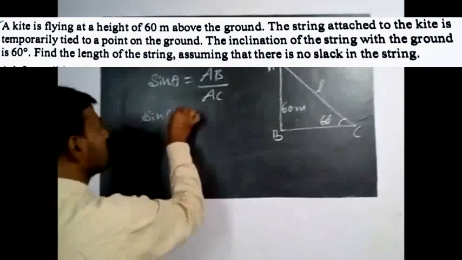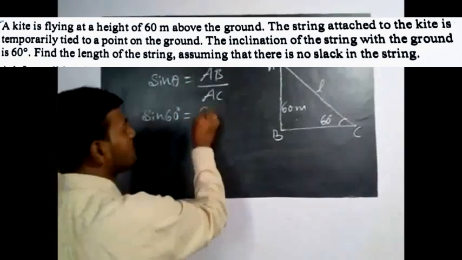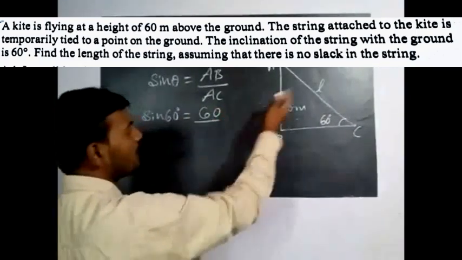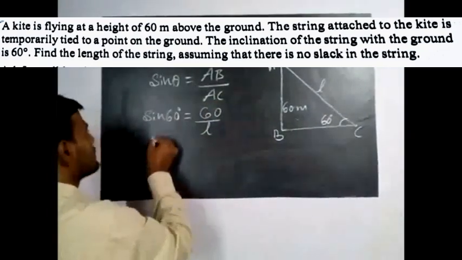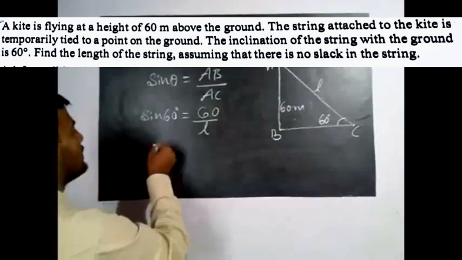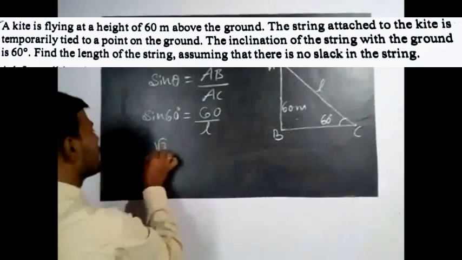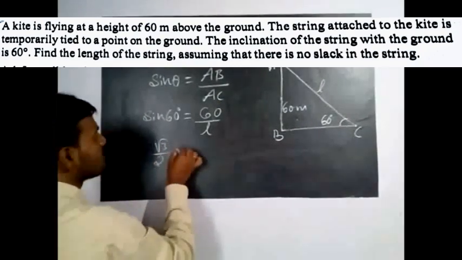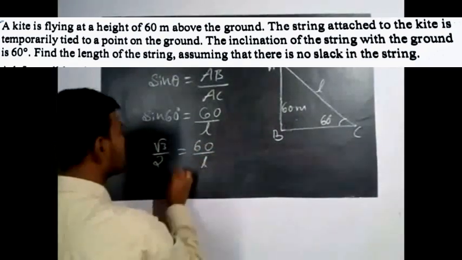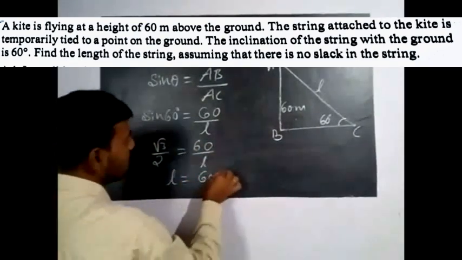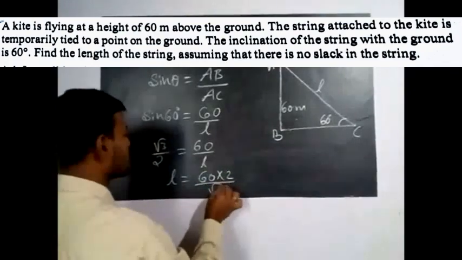Sin 60 degree is equal to AB, that is 60 meter, they are only given, and length AC. Then sin 60 degree means it is root 3 by 2, which is equal to 60 by L. Then L is equal to 60 into 2 by root 3.